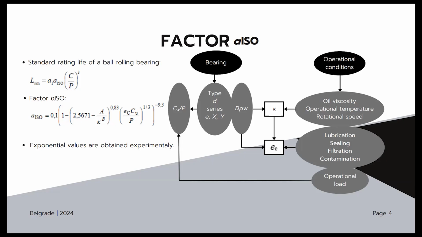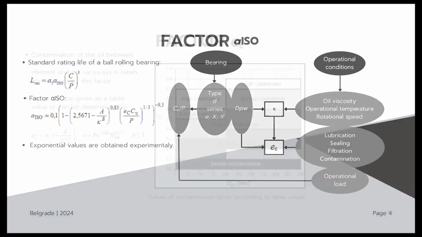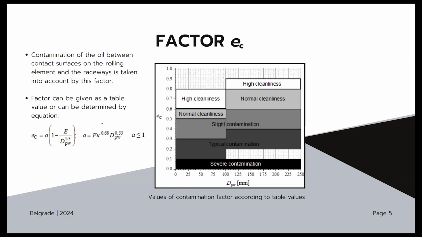Here is the very important factor for calculating factor a ISO. That is the factor of contamination, and that factor of contamination takes into account the contamination of oil or another lubricant. We have five levels of contamination: high cleanliness lubricant, normal cleanliness, slight to typical contamination, severe contamination, and very severe contamination. And this factor can be given as a table value.